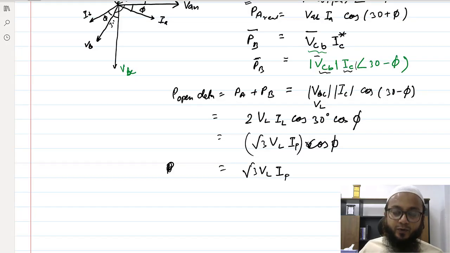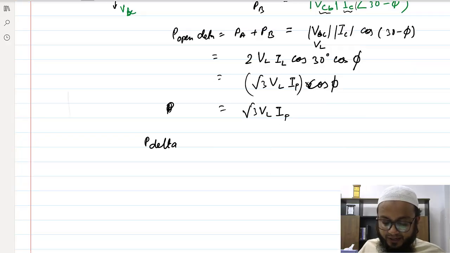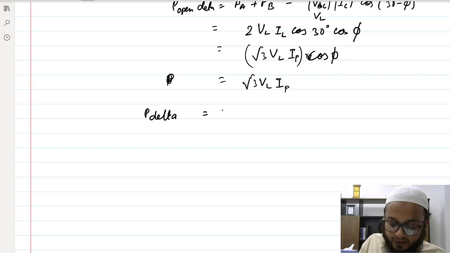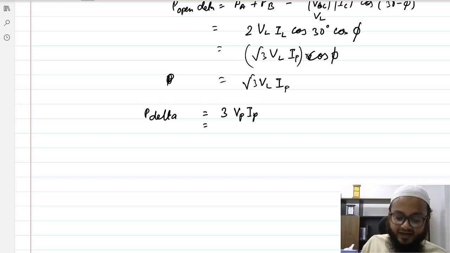What would be the power taken if I had used, without the faulty condition, all 3 transformers? Let's say that is P delta. So this P delta would be root 3 VP IP, or we can write 3 times VP IP, or, because phase voltage and line voltage are the same, 3 times VL into IP.